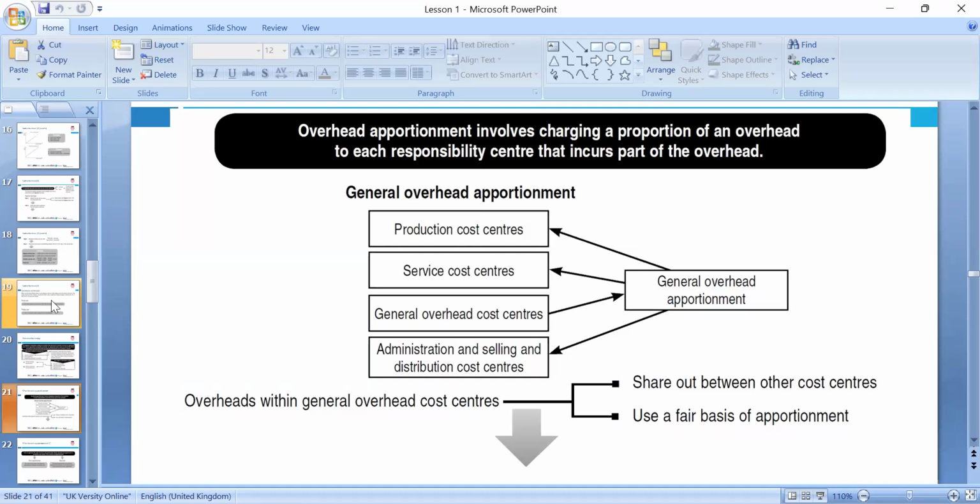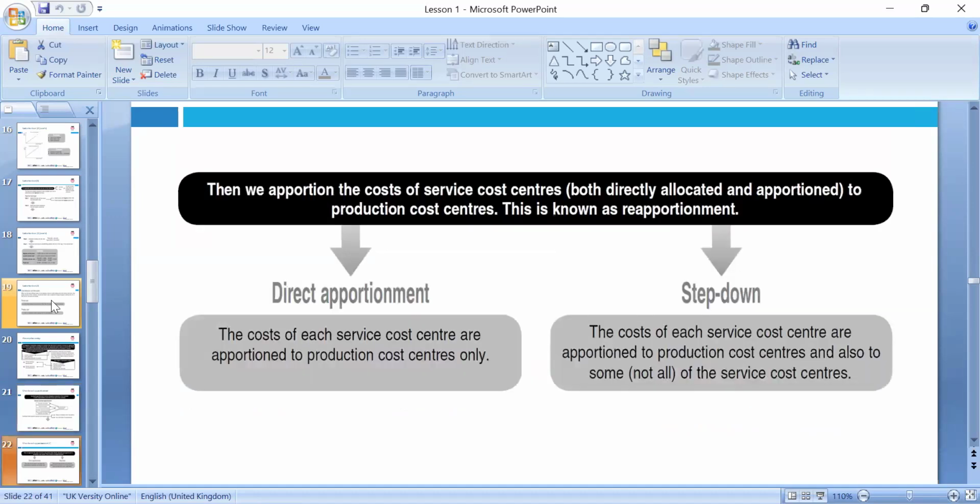We can look at general overhead. Some departments don't have their own budget, but they work for other departments, like admin. So we can look at administrative and selling and distribution departments. These are the service departments, and we can allocate the cost accordingly.